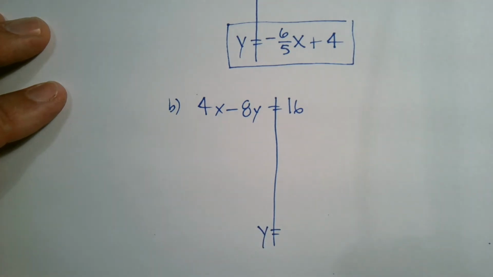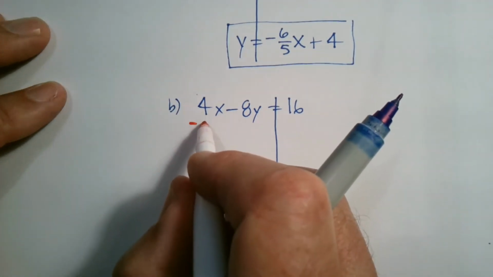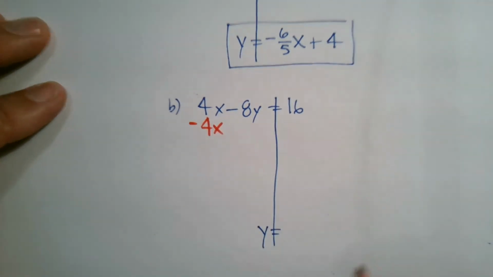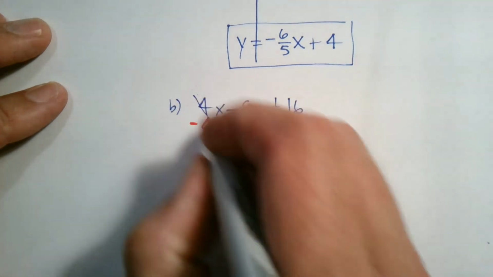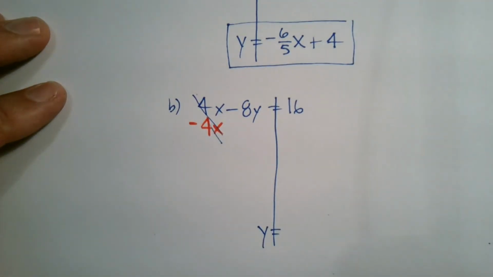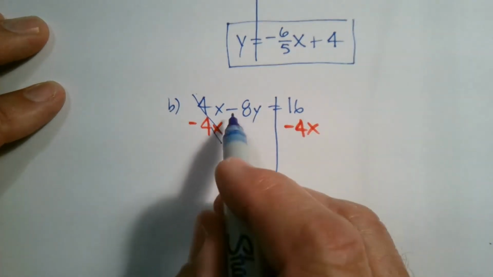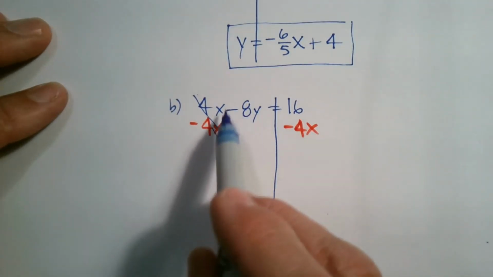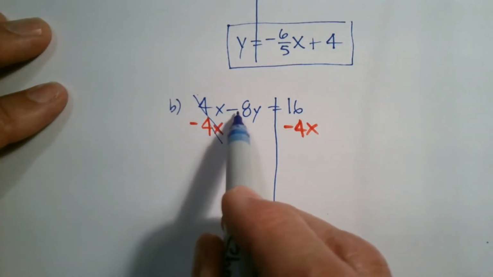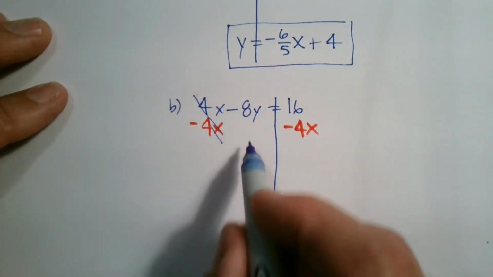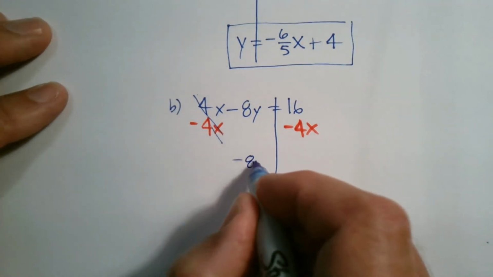First thing is get rid of the x term, which is 4x, and the opposite of 4x is negative 4x. Doing that, positive and negative cancel out. And what I do to one side, I do to the other side. Now what do I have left? This is where a major mistake comes into play: a lot of students forget that the minus in front of the 8 makes that a negative 8y.